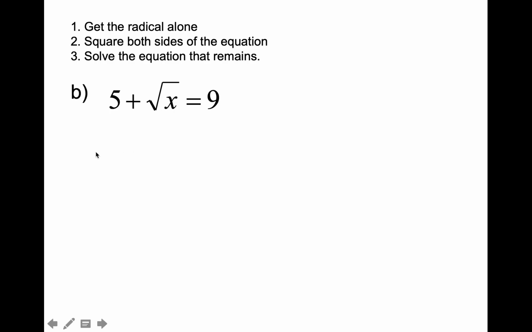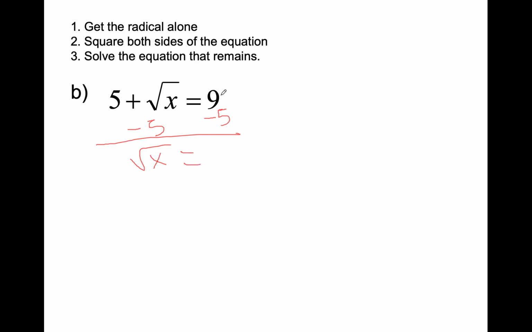Okay, 5 plus radical x equals 9. Well, again, step 1, get the radical by itself. This 5 plus is in the way of the radical being by itself, so I'm going to get rid of it by subtracting 5 on both sides. So on my left side, I'm left with radical x.